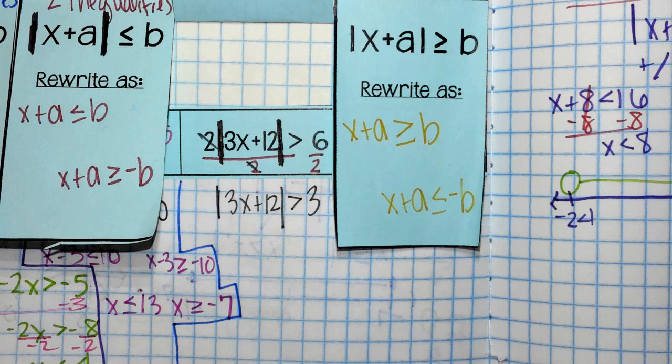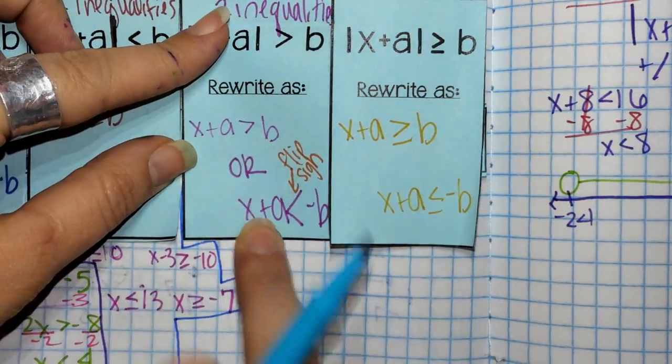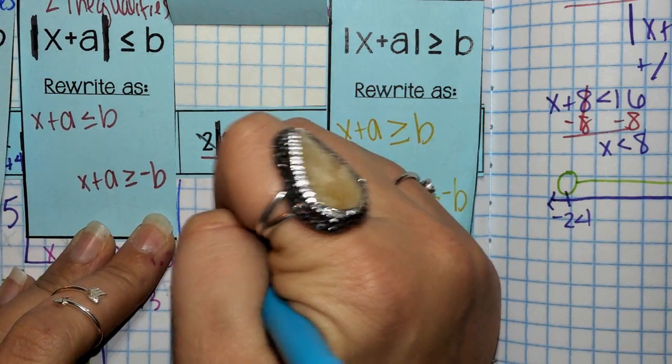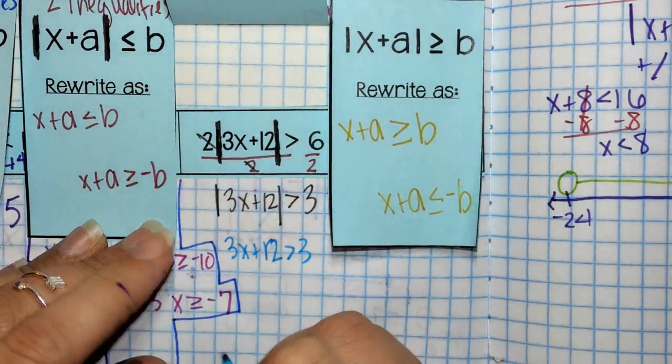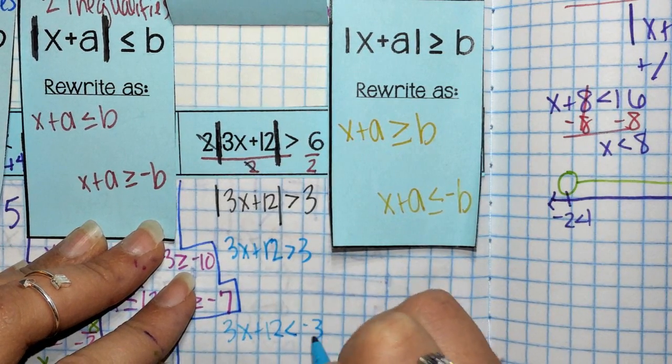You gotta break it down to a positive and negative every single time. Y'all are forgetting that. You were on the next step. So you were right, we bring down the 12, but break it down into a positive and negative. Remember, we rewrite it every time. So we have 3x plus 12 is greater than 3, and I'm going to come down here and write 3x plus 12 is less than negative 3.